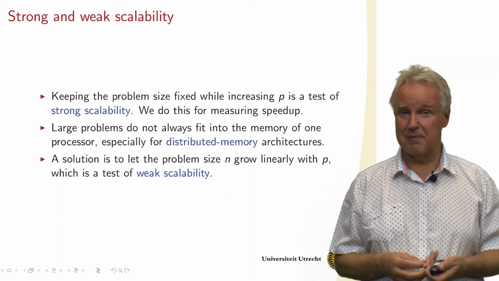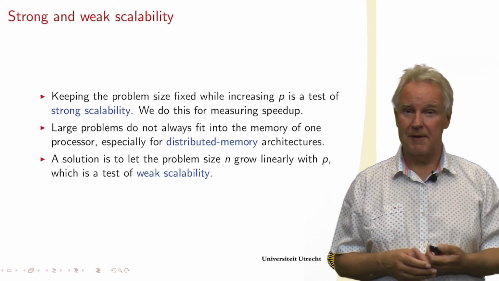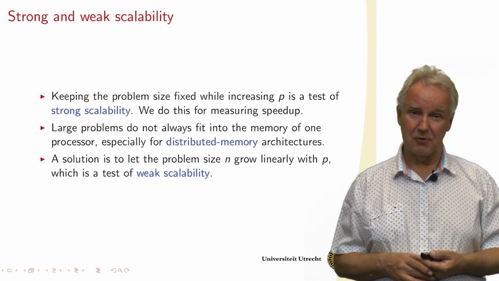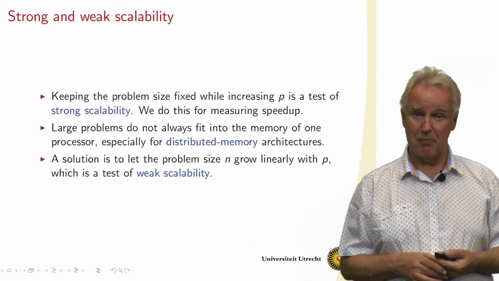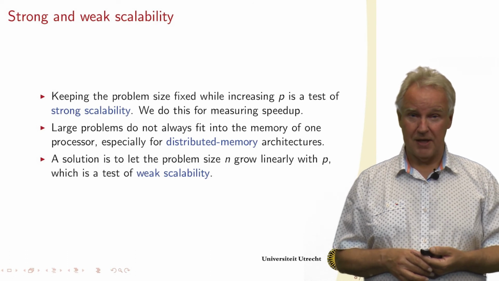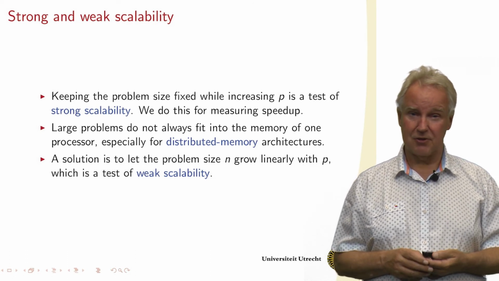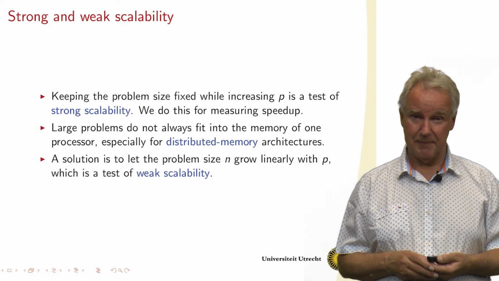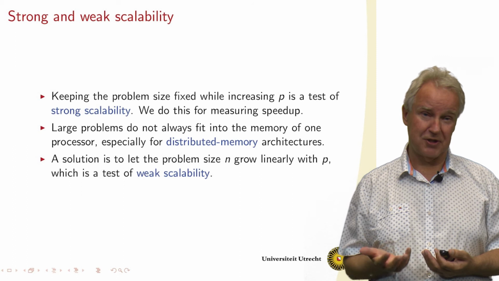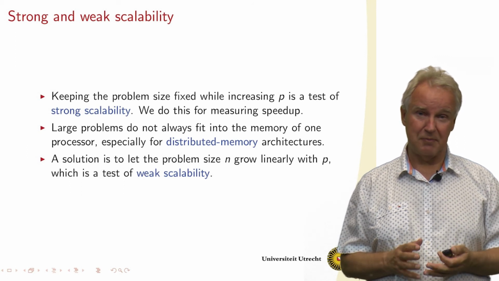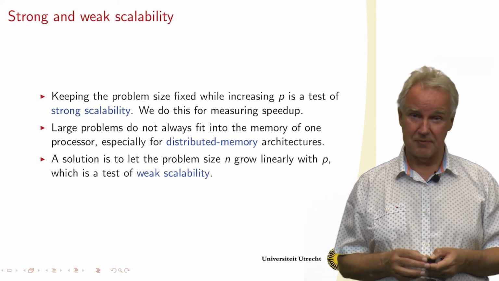For a distributed memory computer, memory grows. And so we are going to check how the efficiency is when the problem size grows. This is called weak scalability, in contrast to the strong scalability that we just talked about. That's why we keep a fixed problem size.